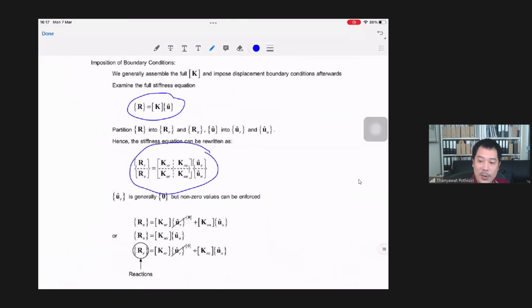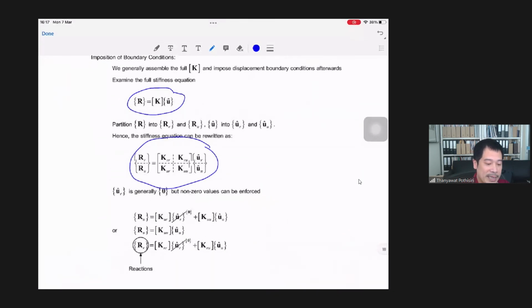The system of equation that we have now would become something like this, in which some parts of the displacements are known and some parts are unknown.